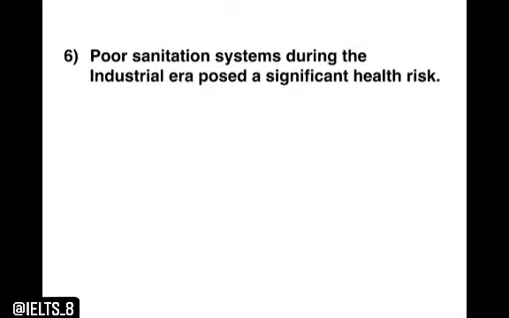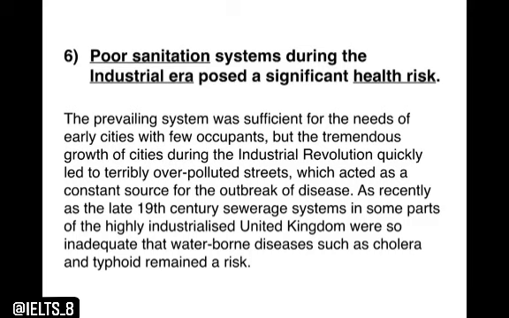Poor sanitation systems during the industrial era posed a significant health risk. Looking for the keywords poor sanitation, industrial era, and health risk. Here's the part of the passage, and we find the keywords during the Industrial Revolution, that's in the industrial era, and outbreak of disease could be a health risk, of course, but also we have sewerage systems, that's the sanitation systems, and this is the key word really, inadequate.